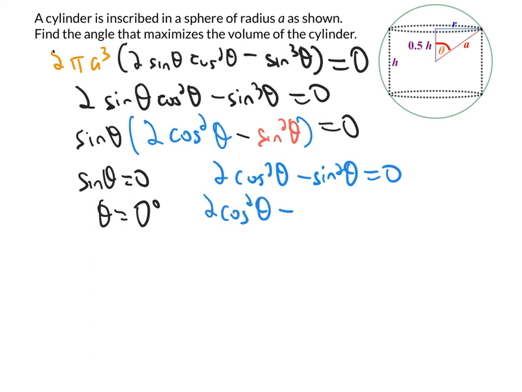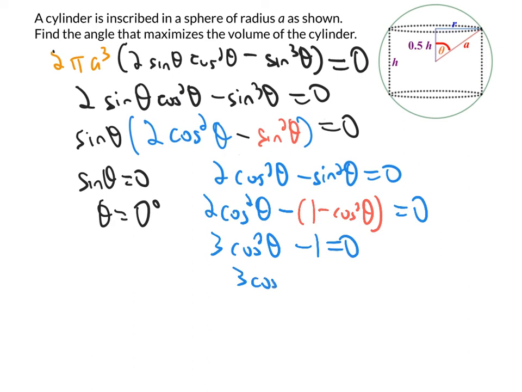Happily, there's a little bit of a trick we can play here, because we can take our functions and we can play a little bit of trig games with them and say, hey, sine squared is really 1 minus cosine squared for any angle, and so we have that. And that we can clean up to being 3 cosine squared theta minus 1 equals 0. And that's going to be pretty easy to do because we can solve that and it's only one trig function. So 3 cosine squared theta equals 1, or cosine squared theta equals 1/3, or cosine theta equals 1 over root 3.